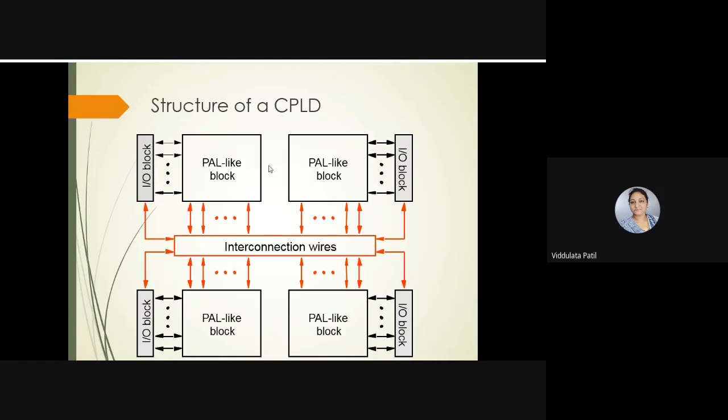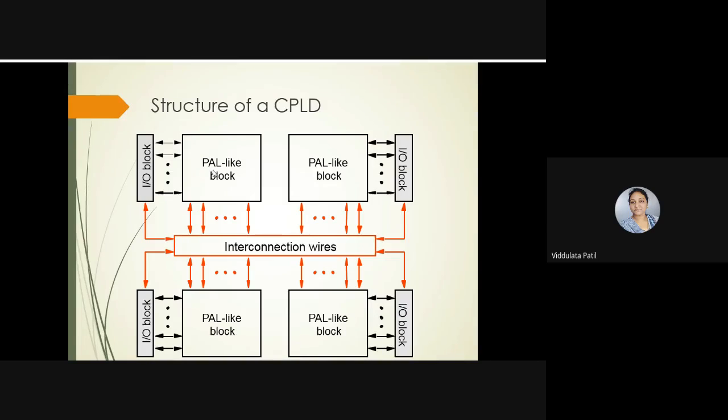So again, this is the structure of a CPLD. There is a PAL-like block that will be present. Then there will be interconnection wires which will connect these PLD blocks to another PLD block, or may be used to connect IO blocks to the PLD. Okay, so these are the input output blocks that are present.